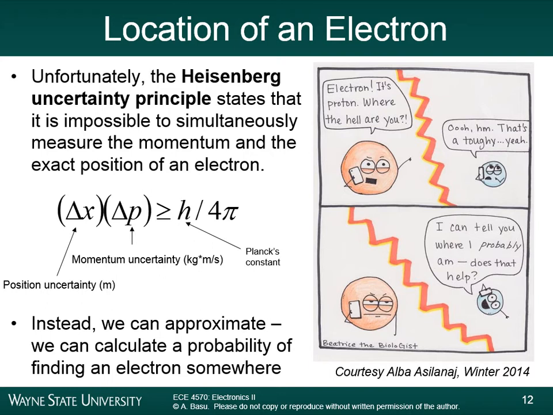Instead of saying that the electron is at this particular point in space, we can say that there's a certain probability that the electron is within a volume. Okay. So what we can say then is, let's say we have some sort of volume like this.